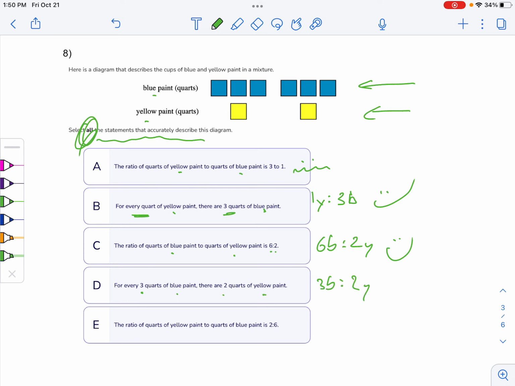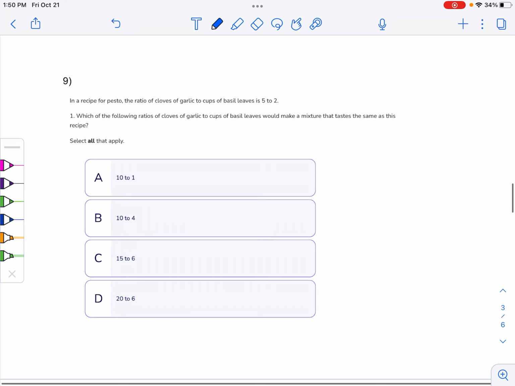Is that true? 3 blue, that'd be only 1 yellow. So this is not true. Next one. The ratio of yellow to blue, 2 to 6. So yellow is the first one, blue is the second one. So 2 yellow to 6 blue. Is that true? That is true. Yay! Nice. Doing so good. Let's keep going. Awesome. Next one.